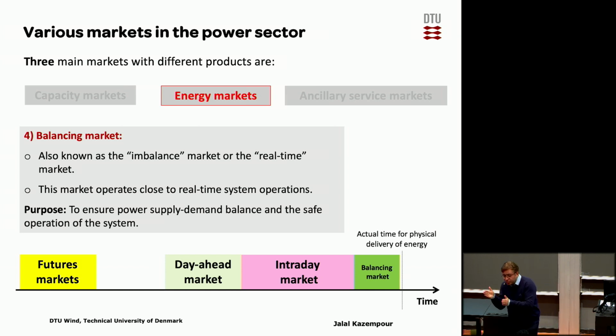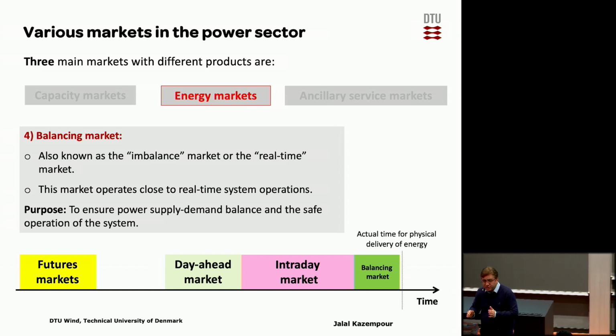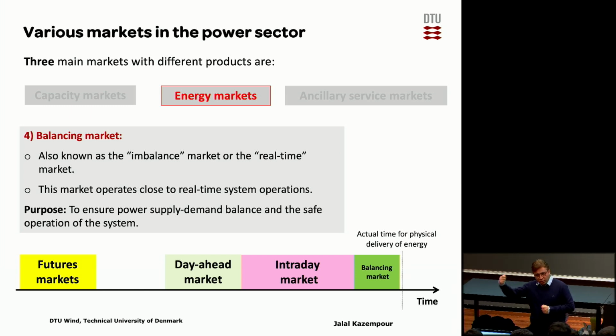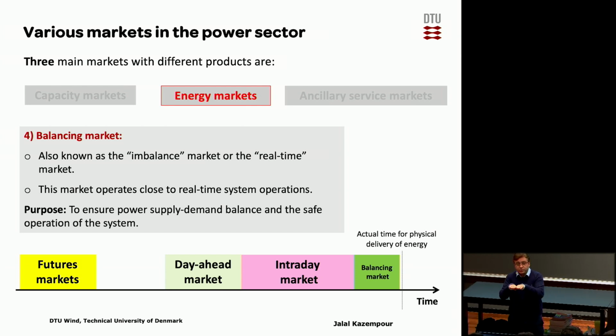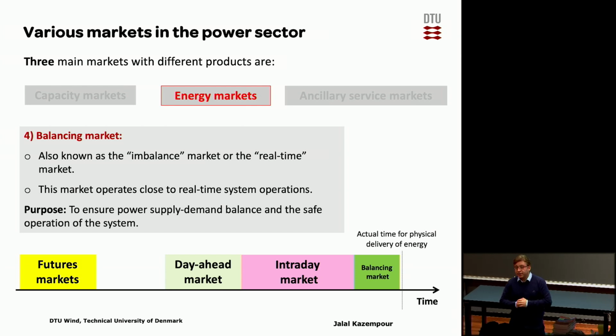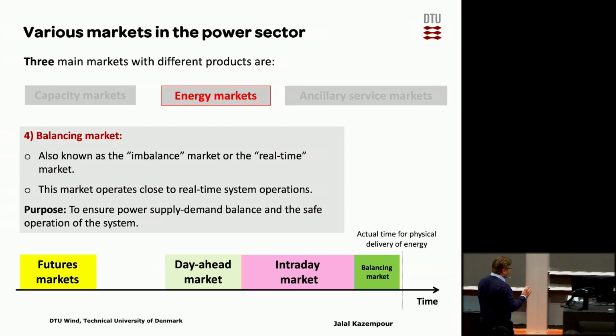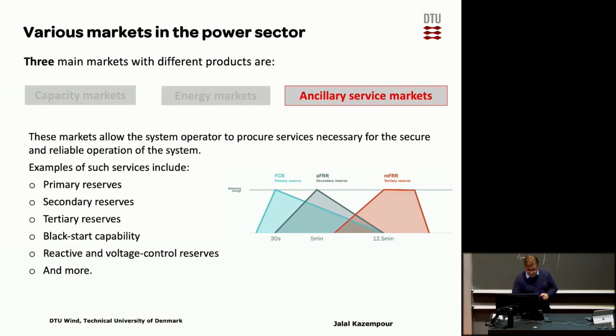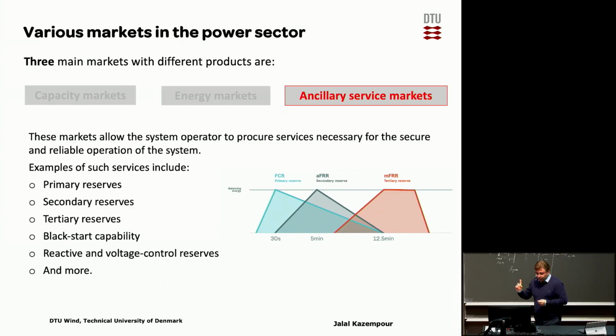Then, just to make sure that if there are still some adjustments, some imbalances between supply and demand, then we can buy regulation services to make sure that there is a supply-demand balance. So it's a balancing market. Again, there is a dedicated lecture for that. So this is the last slide before the break.